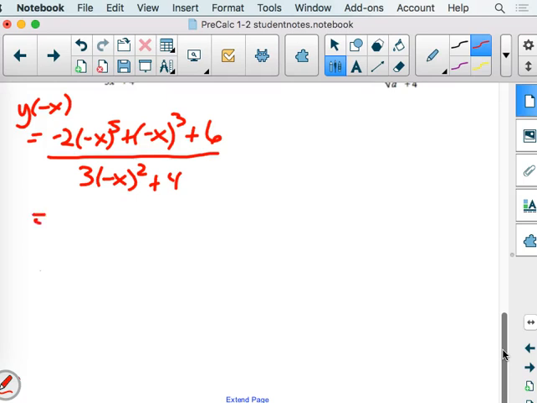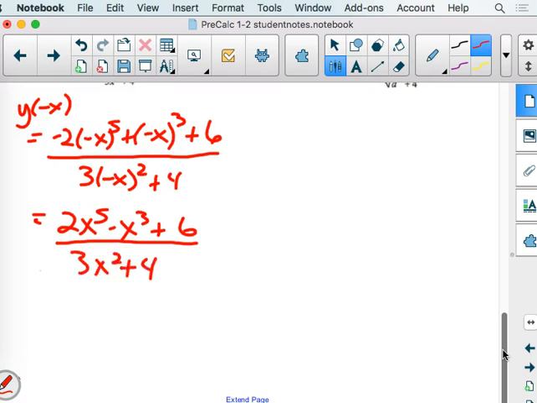So on the top, negative x to the 5th will be negative x to the 5th, and so the negative and the negative here are going to cancel each other out, and that'll give us a positive 2x to the 5th. Here, a negative x to the 3rd is going to be negative x to the 3rd plus 6. On the bottom, when you square a negative x, you just get x squared, so 3x squared plus 4.